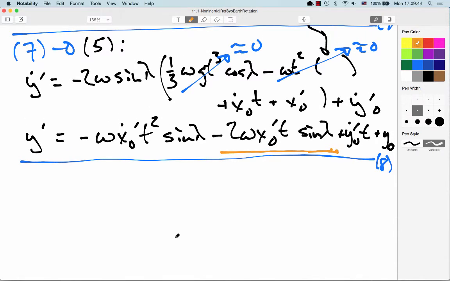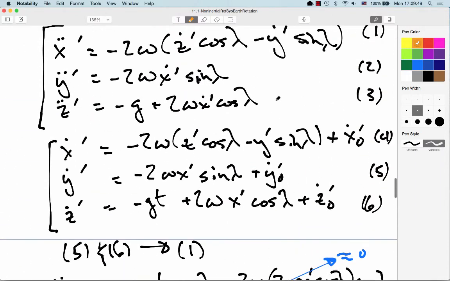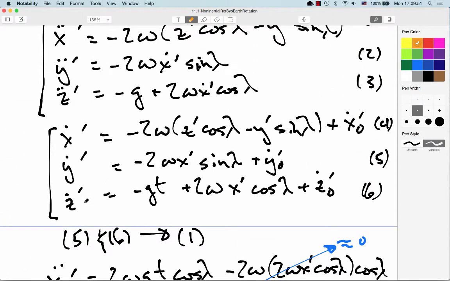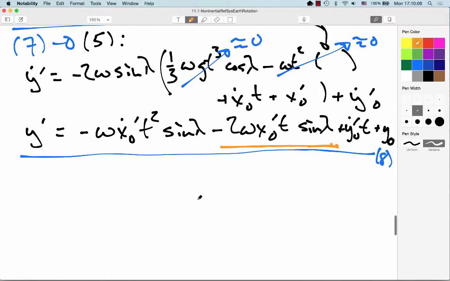All right. So then similarly, to solve for z, we can again take our solution from equation 7, and now we can stick that into equation 6 and see what we get. So equation 7 going into equation 6.